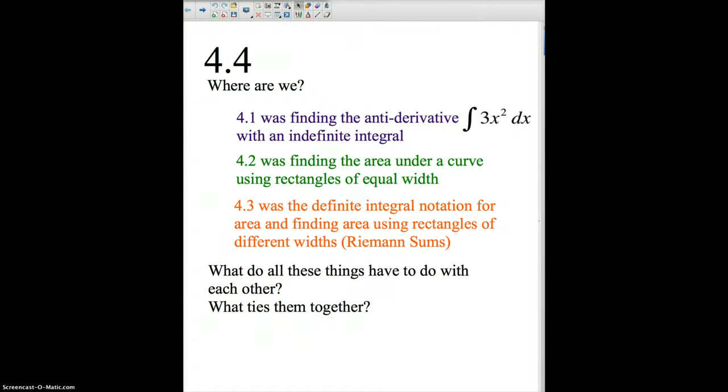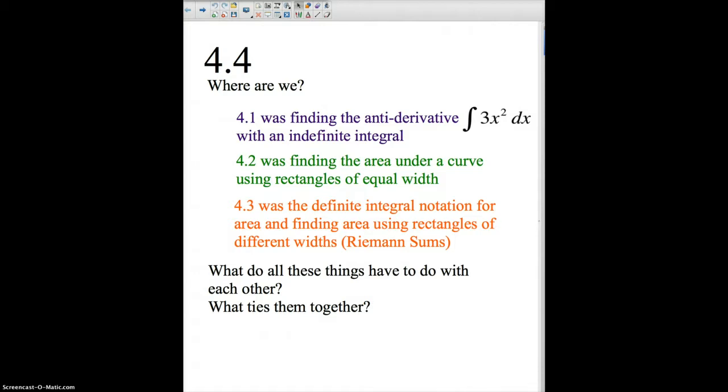And we found the area using geometry first when we were talking about the definite integral notation. And then secondly, we talked about a limit definition for finding the area under a curve using an infinite number of rectangles. And Riemann's sums was that method where we found area under a curve using rectangles of different widths sometimes, or the same widths.